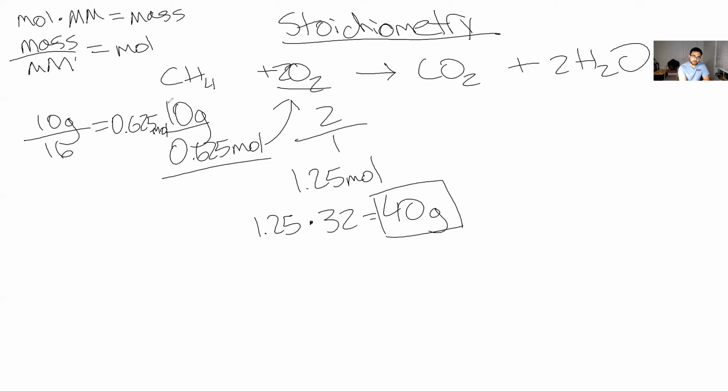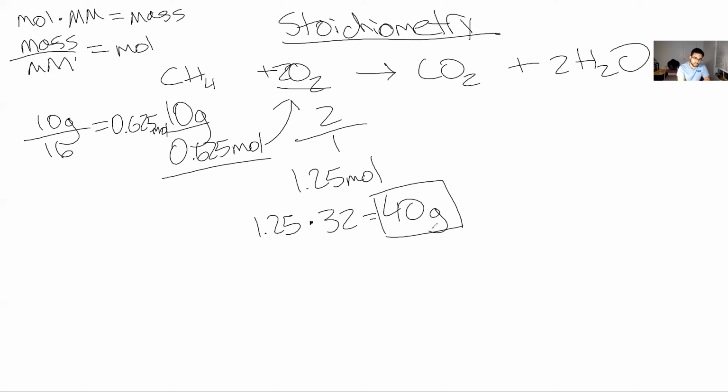The reaction can only go forward as far as the limiting reactant allows it. So even if I have a ton of oxygen, if I only have 10 grams of methane, the reaction can only produce products corresponding to 10 grams of methane. So if I have any more than 40 grams, I know that oxygen is in excess.